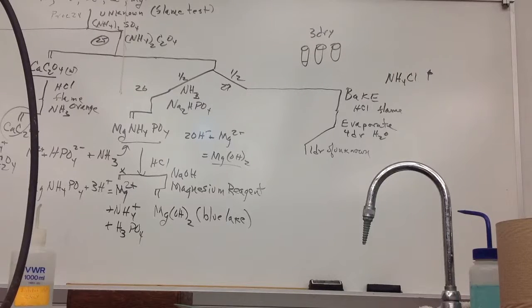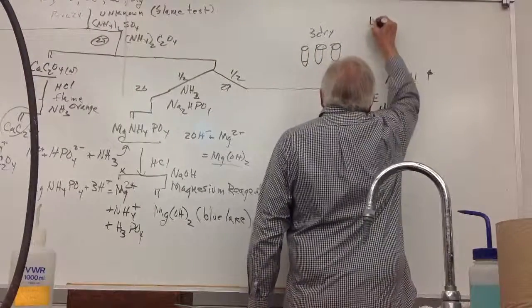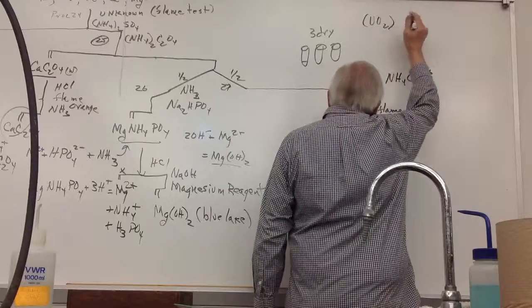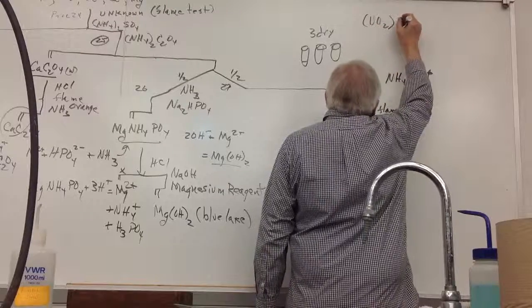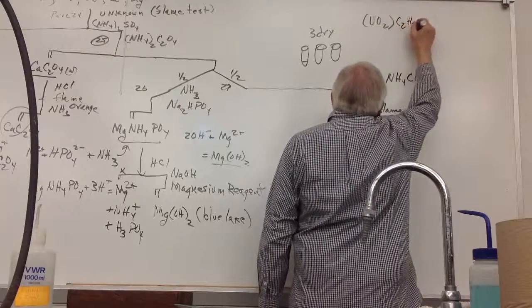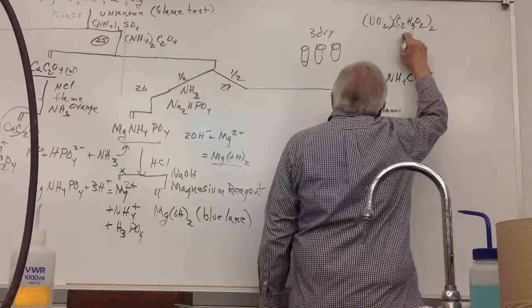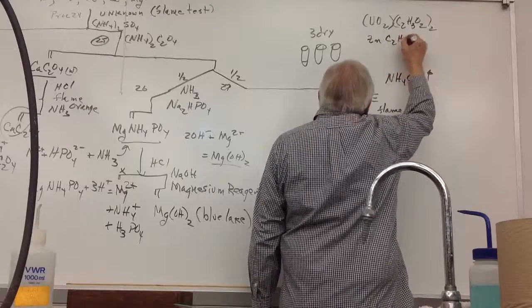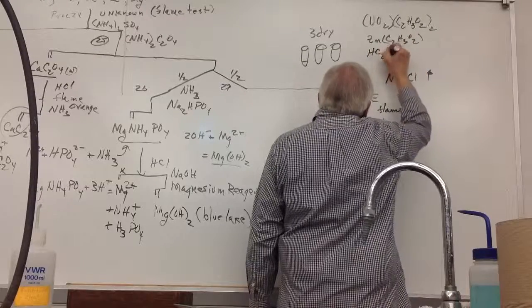You add 2 drops of the zinc uranyl acetate, the way we prepare it, by the way. I'll put parentheses because that's the uranyl ion. So you take uranyl acetate, you take zinc acetate, and acetic acid.